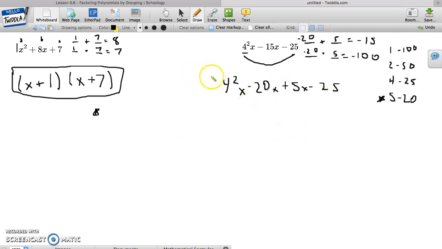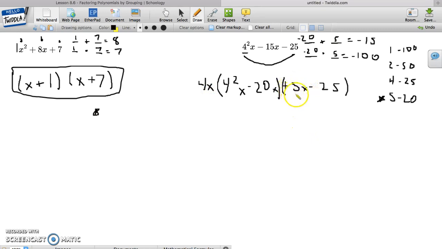So now we're going to break these off into their own two groups. And then we're going to take our first chunk and find a common number between the two, which we can tell is 4. And then we also realize that they both have x's, so we can put a single x.